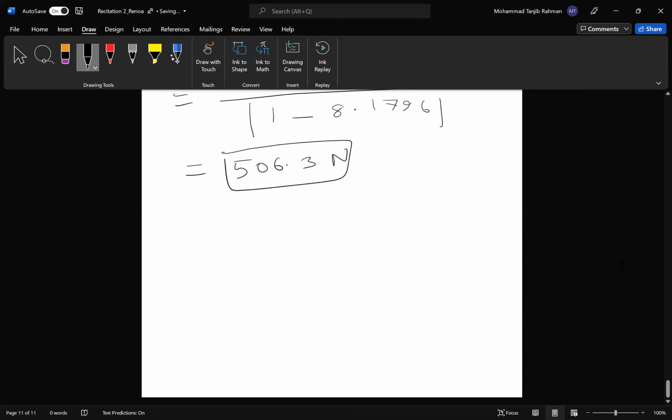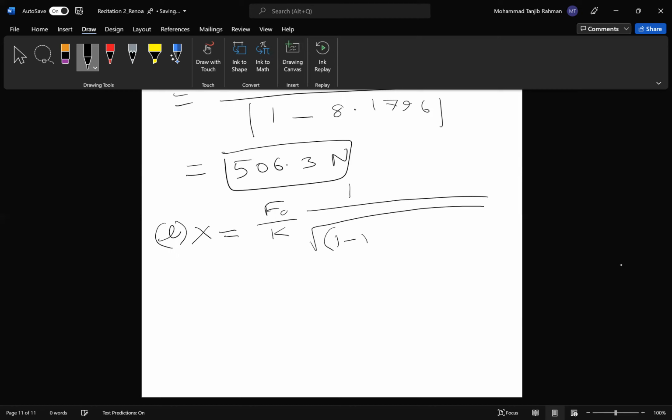For part B, we need to find the dynamic amplitude, which is x. X is equal to F naught by k multiplied by 1 divided by 1 minus r square whole square plus 2 zeta r whole square.